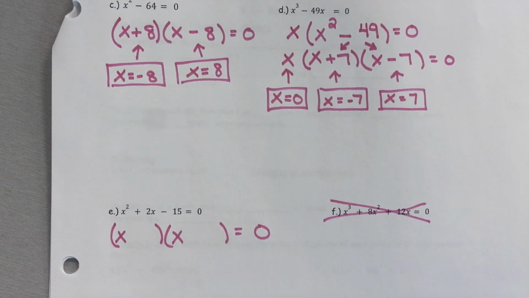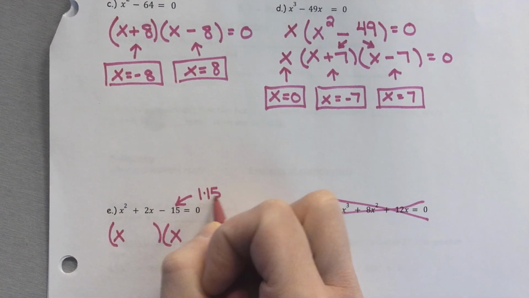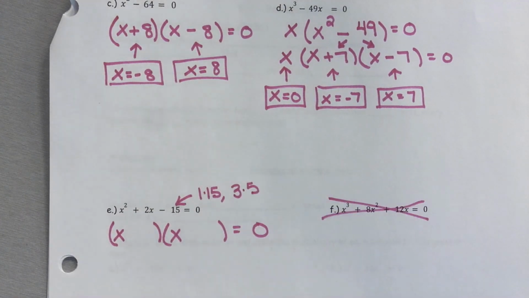So I have different numbers that I can multiply to get 15. So I can do 1 times 15. What else? 3 and 5.